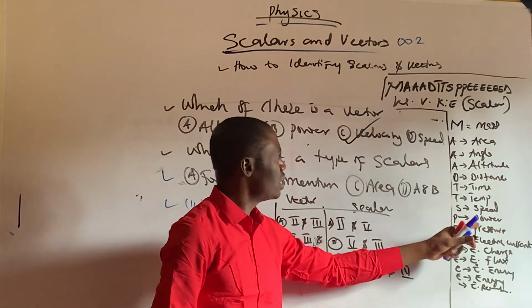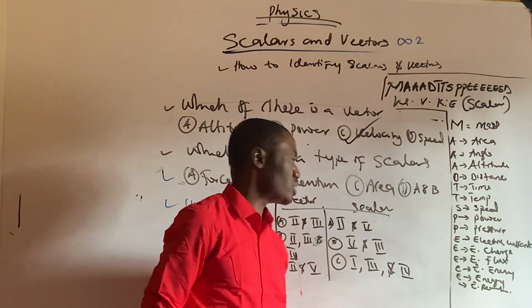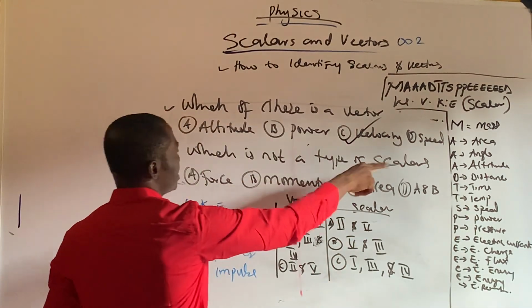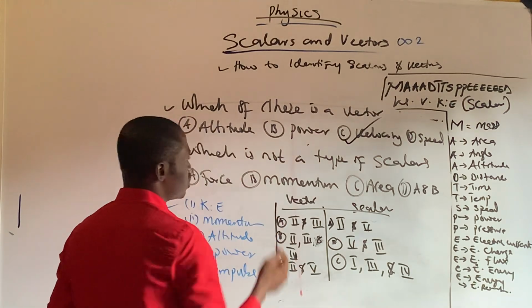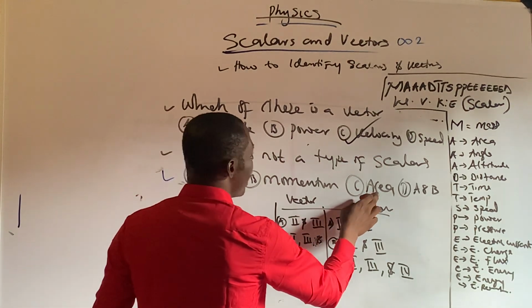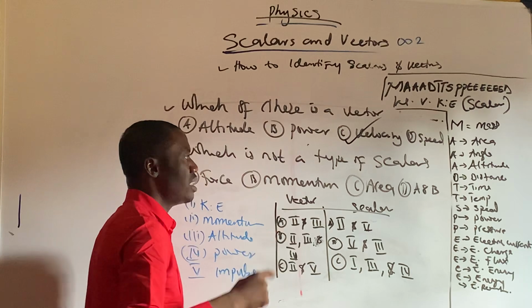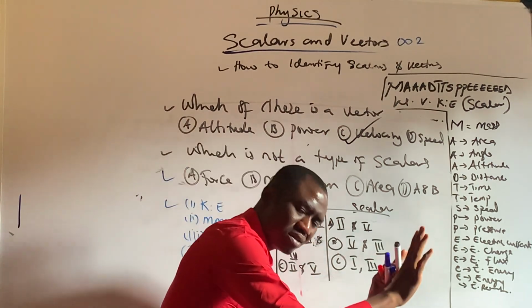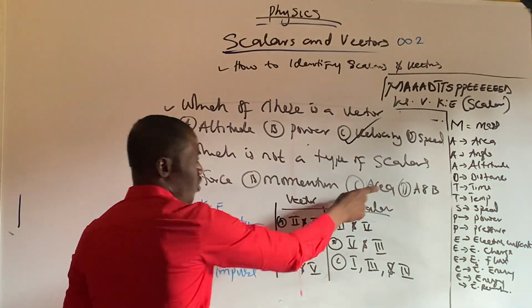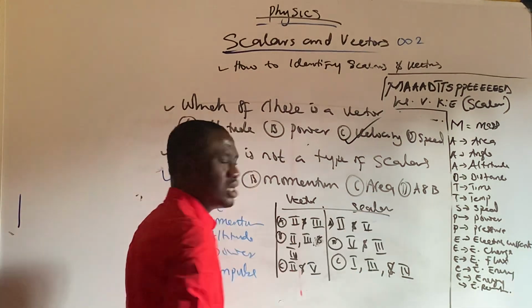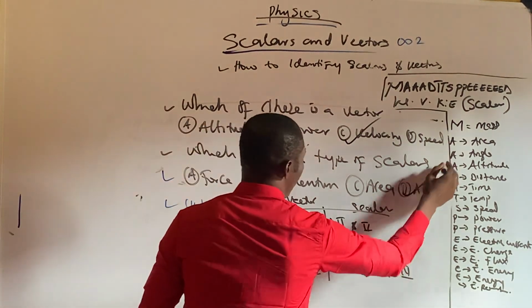Speed is not a vector. Then, which of these is not a type of scalar? Force is a vector. Momentum is a vector. Area is a scalar. Of course, A and B are not the type of scalar.